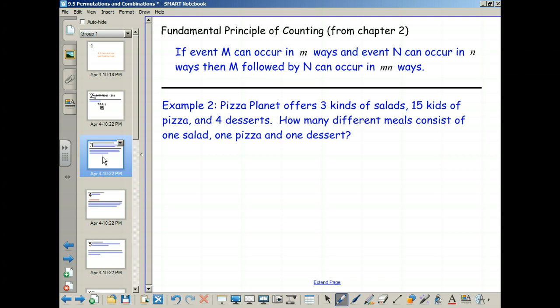All right, the fundamental principle of counting. This is actually earlier in your textbook, in chapter 2. It says the following: if an event M can occur in little m ways, and an event N can occur in little n ways, then event M followed by event N can occur in m times n ways. We usually see this with ways of doing things.